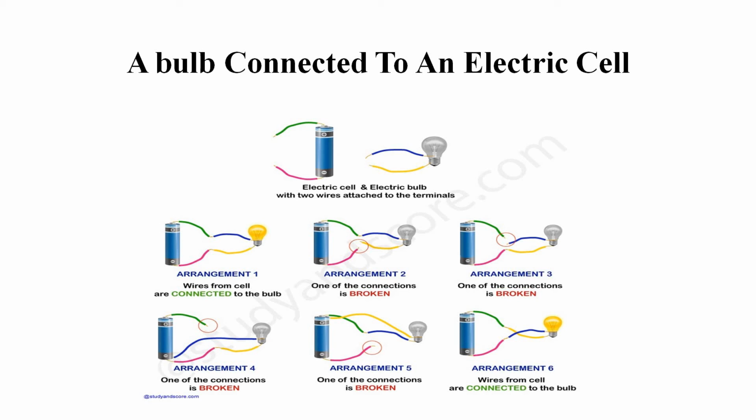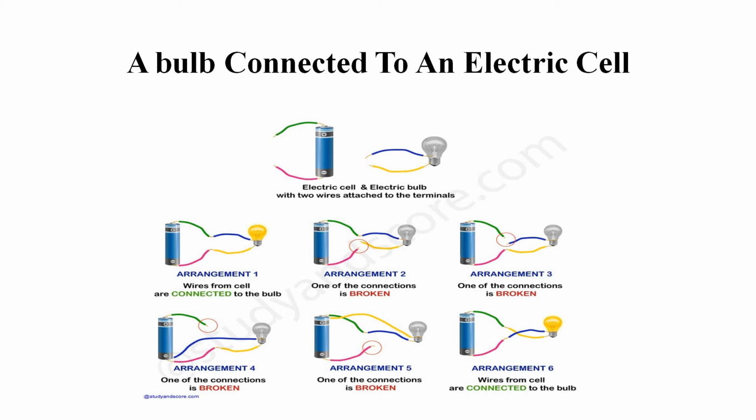In the fourth arrangement, one of the connections is broken and the bulb does not glow. In the fifth arrangement, also one of the connections is broken and the bulb does not glow. And students, in the last arrangement, wires from cell are connected to the bulb and the bulb glows.